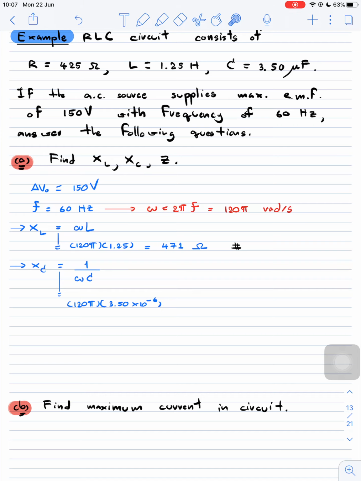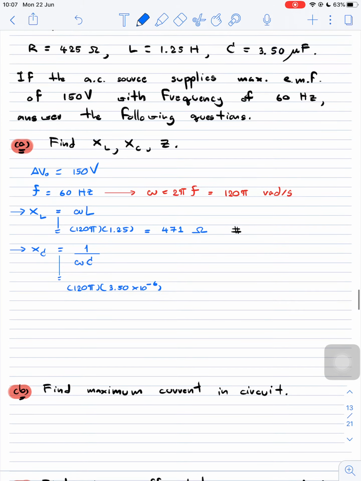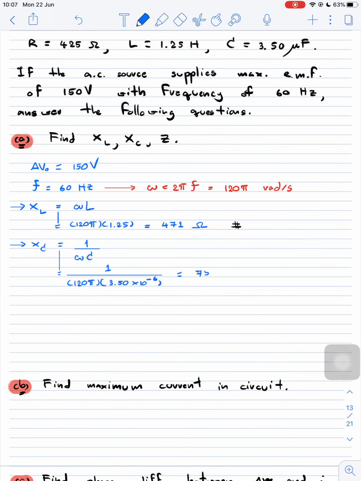Don't forget this prefix as well. Then 1 over this value. If you use the calculator, you will get the value to be 758 ohms.